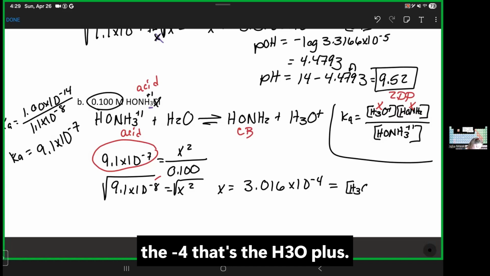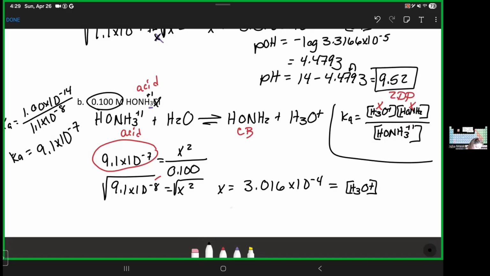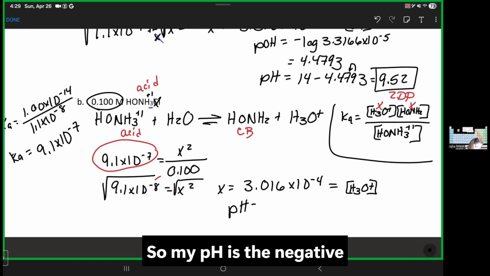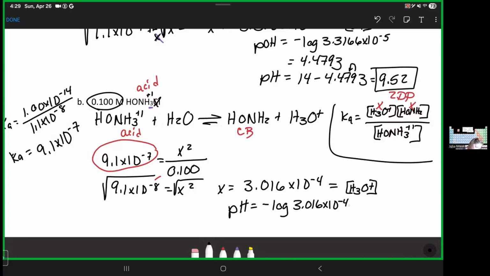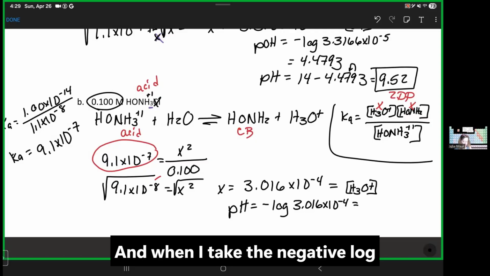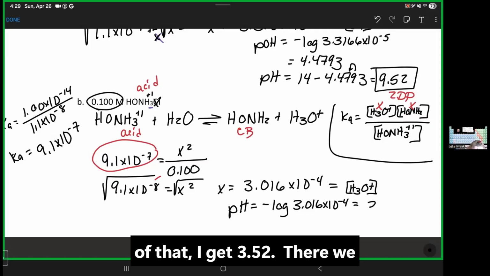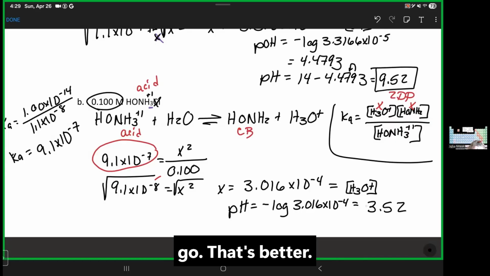That's the H3O plus. So my pH is the negative log of that. And when I take the negative log of that, I get 3.52. There we go. That's better.